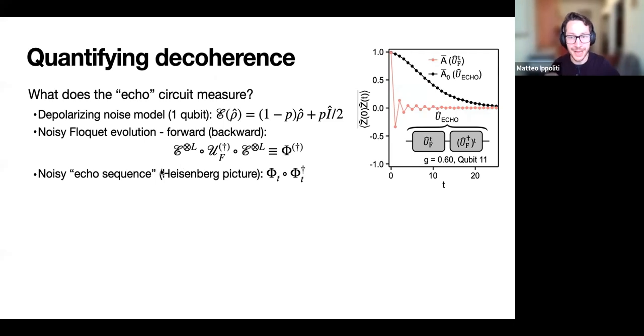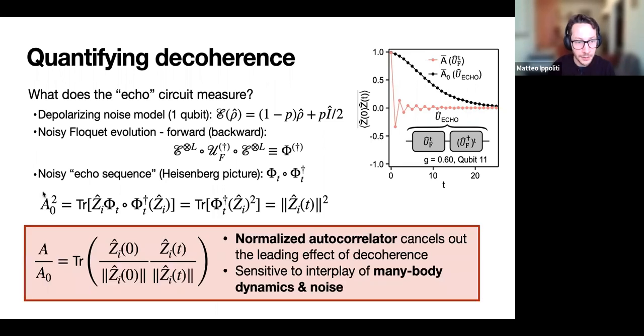So what we measure under this noisy echo sequence is the action of the concatenated phi dagger phi channel on the system, basically. And so the measurement of our echo autocorrelator that I'm going to call A0 is basically this object here, which is trace of Z with this time-evolved phi dagger phi acting on Z. And by exploiting the definition of the adjoint of a quantum channel, we can make this channel phi act on its left instead of its right.